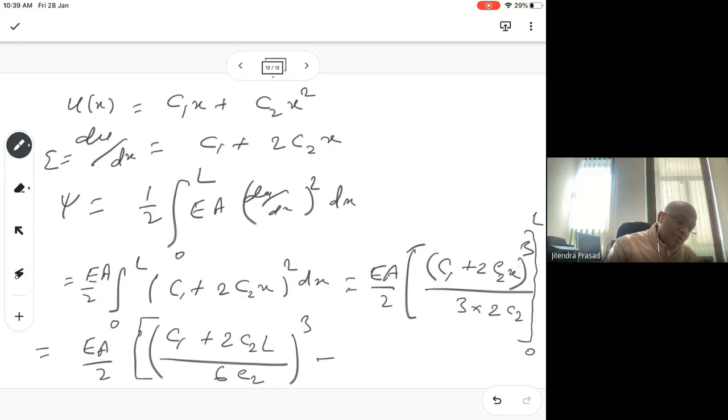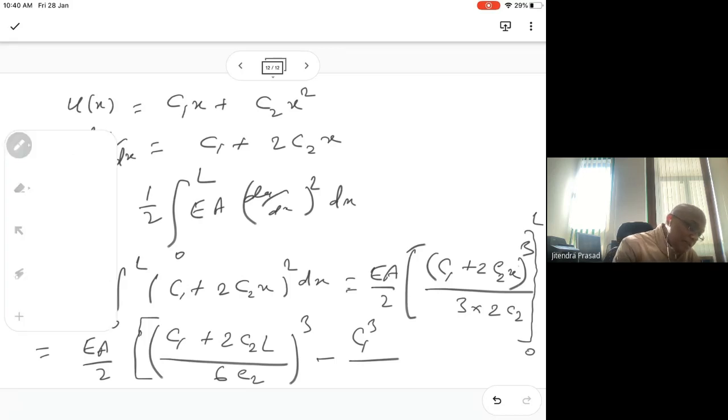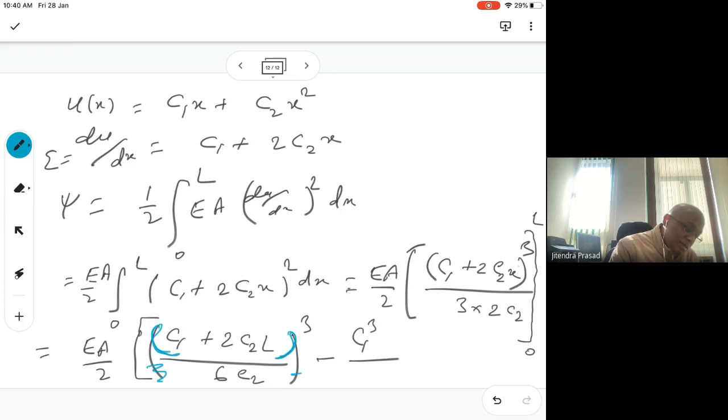Minus, we put equal to 0, so we get C1 cube divided by, okay, I think we made a mistake here. Cube will be only for these terms, not for this.